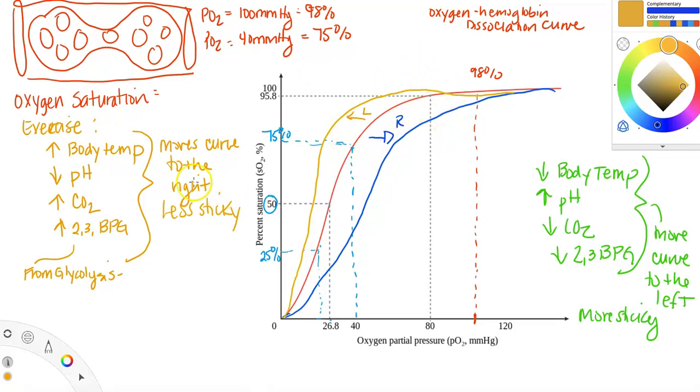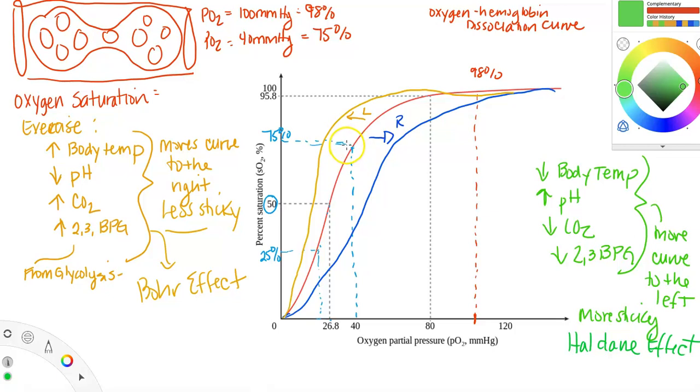So this has a name. This process here is called the Bohr effect, where the curve moves to the right, makes oxygen less sticky, and oxygen becomes more easily available. When it becomes more sticky, this is called the Haldane effect. So again, more sticky, moving to the left there.